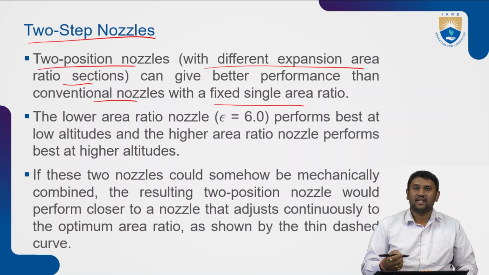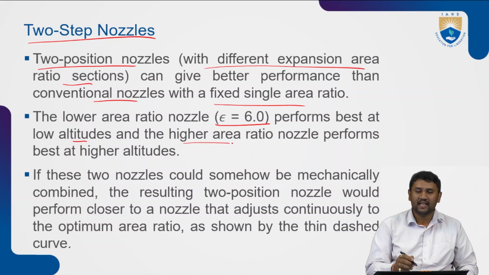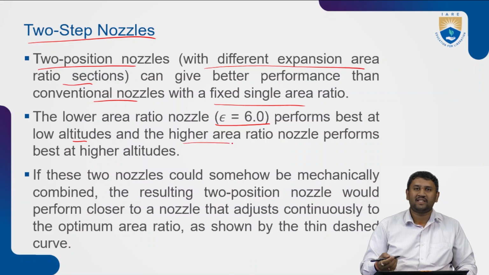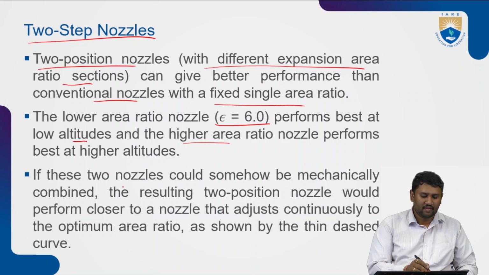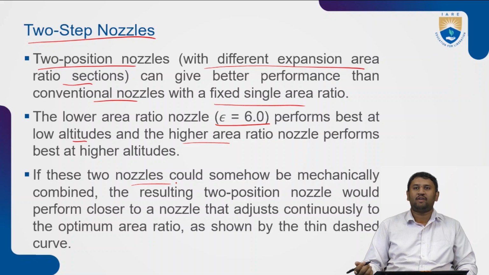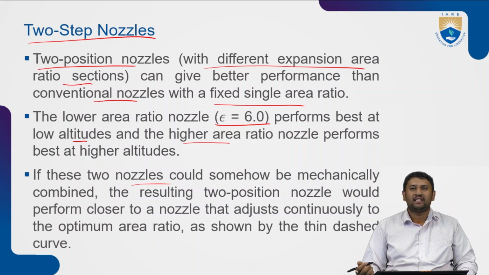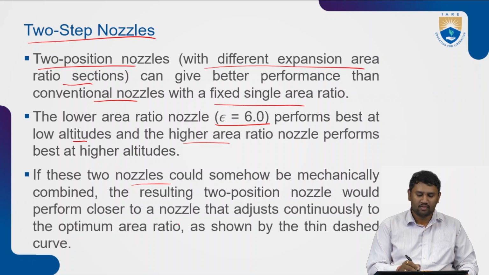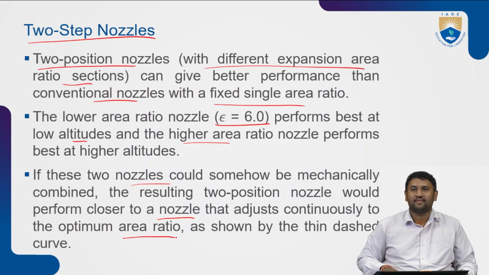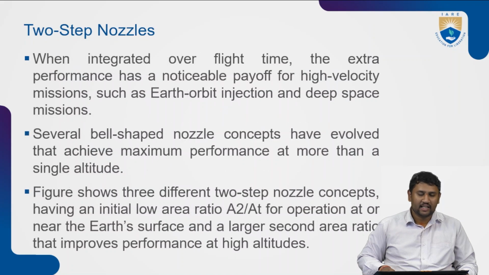Now, the lower area ratio, particularly epsilon equal to 6, performs best at low altitudes, as well as the higher area ratio nozzle performs best at higher altitudes. Now, if the two nozzles could somehow be mechanically combined, the resulting two-position nozzle could perform closer to a nozzle that adjusts continuously to the optimum area ratio, that is shown by a thin dashed curve.